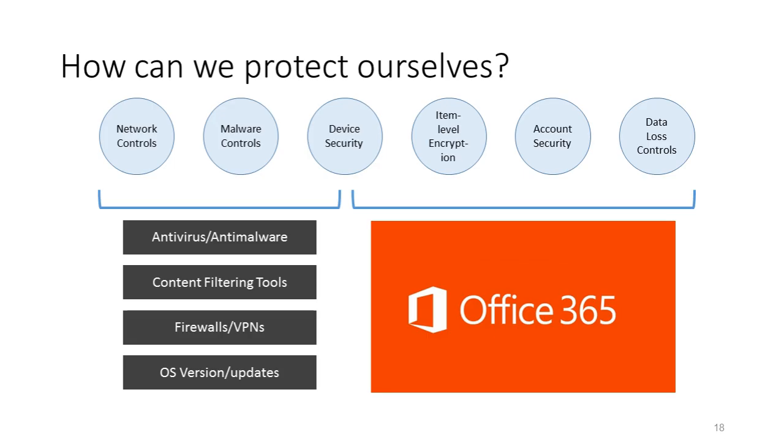So if we look at those six areas, those threat vectors that we looked at earlier, 2.5 of those, the ones on the left, should be dealt with by your IT professional. So looking at making sure that you have a firewall in your office, making sure that the operating systems that are on your computers are up to date.